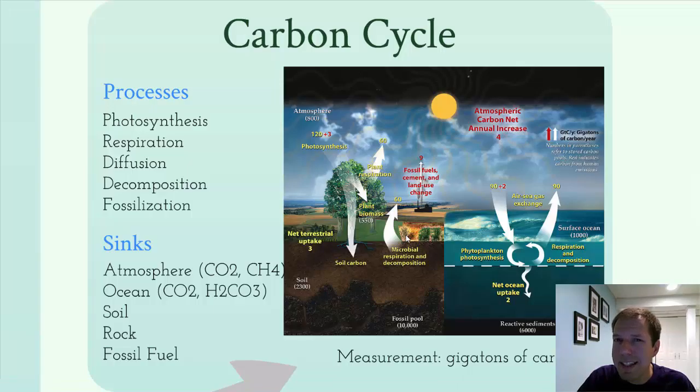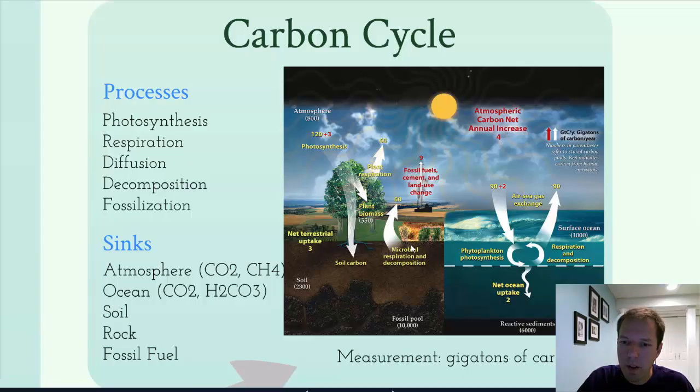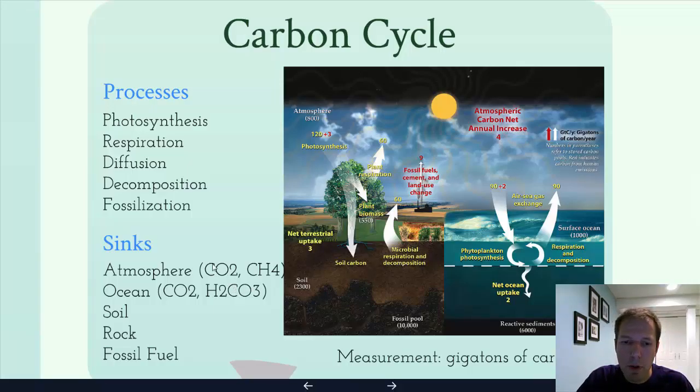Not present here on this diagram is the source of methane. While respiration is going to produce carbon dioxide as a product that will be released into the atmosphere, methane is also going to be a product of respiration, however not aerobic respiration, but the process of anaerobic respiration.